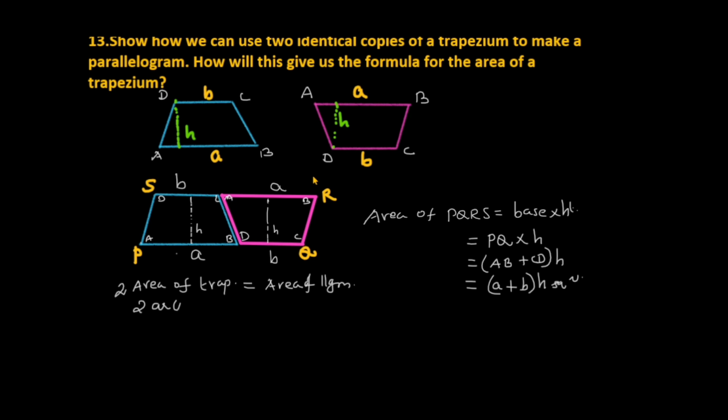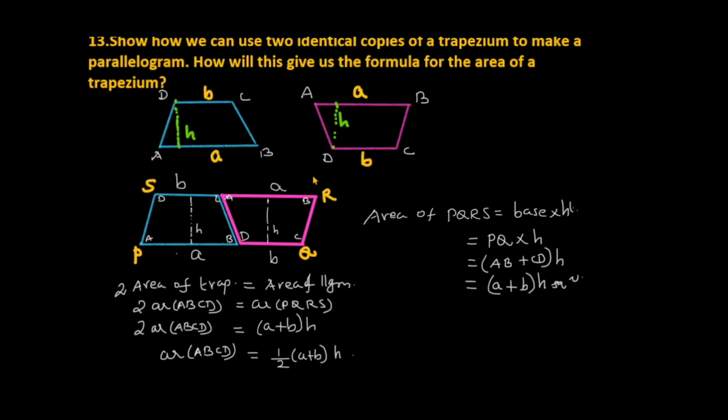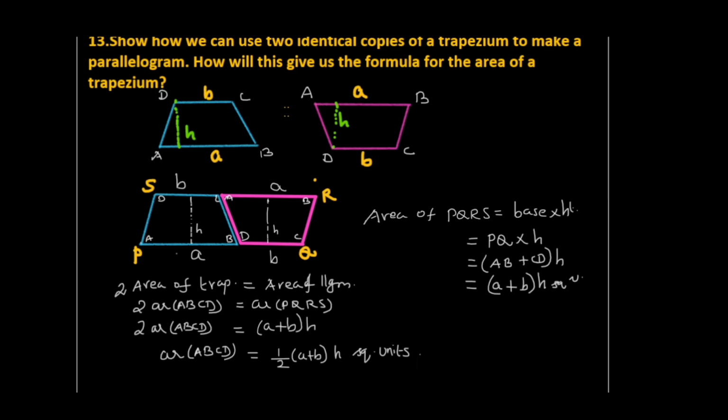Twice area of ABCD is equal to area of PQRS, which is A plus B into H square units. So what is the area of ABCD? That is, area of each trapezium is 1 by 2 into A plus B into H square units. This is how we got the area of the trapezium from the parallelogram.